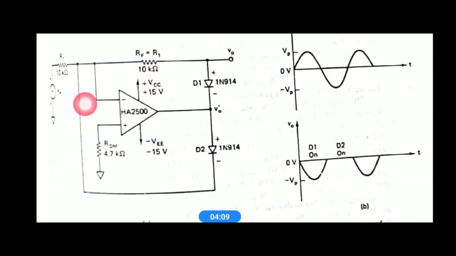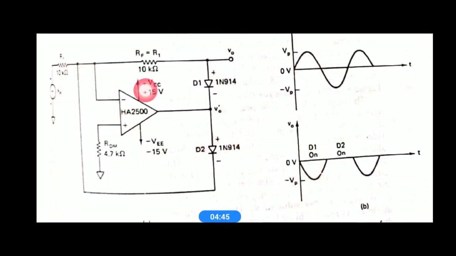Whatever you apply here in the positive cycle, the same thing you will get at the output, which is taken here, but inverted, because the gain is minus 1 since RF is equal to R1. So for the positive half cycle we are getting a negative half cycle, right?